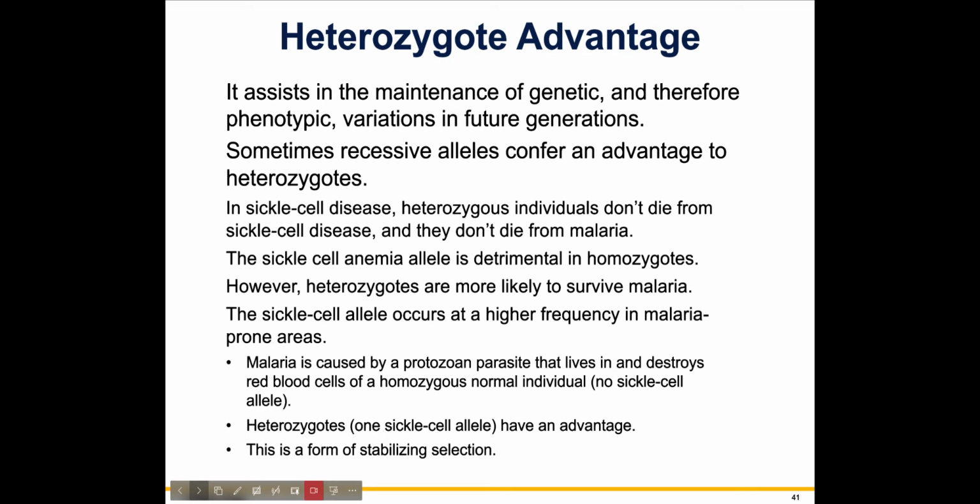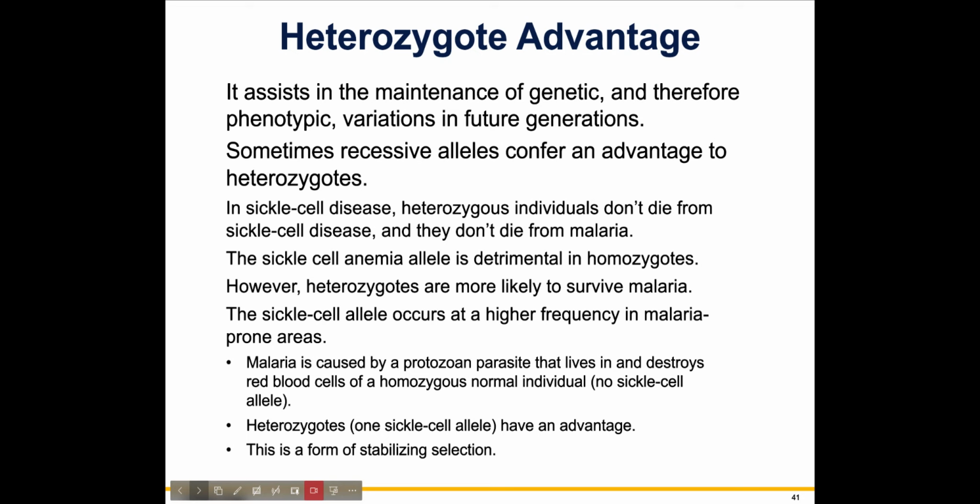However, what we see is that malaria, which is spread by mosquitoes, it's a protist, it lives inside of your red blood cells. And if you have no sickle cell trait, then you can get malaria into your system, into your red blood cells, and that's really dangerous. You can die of malaria.